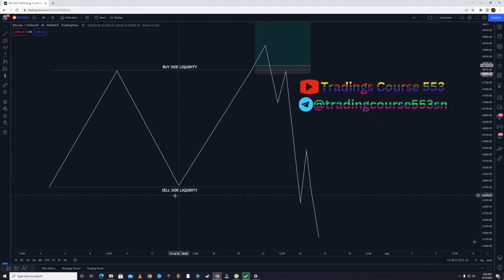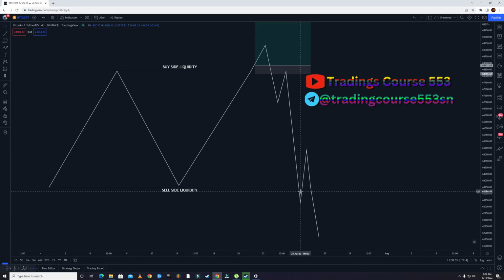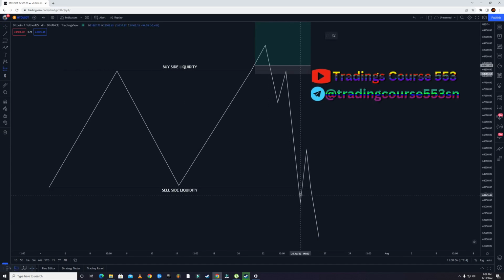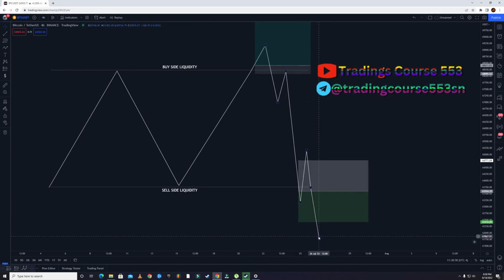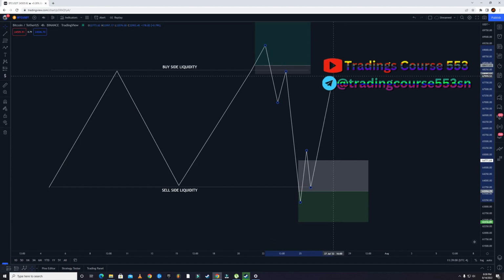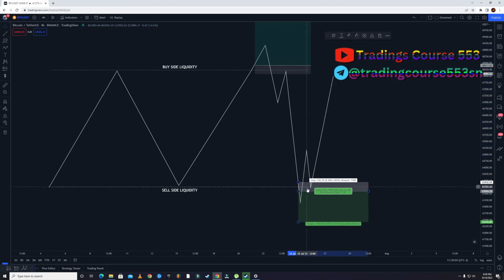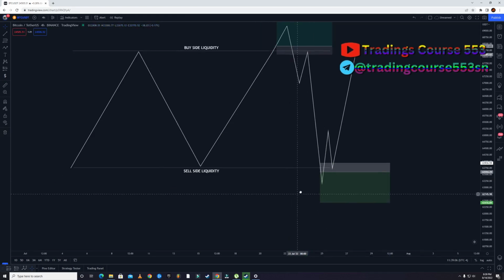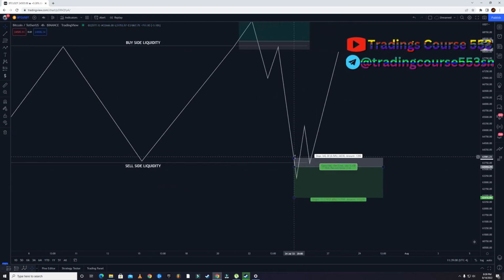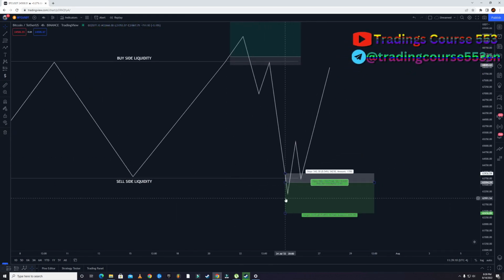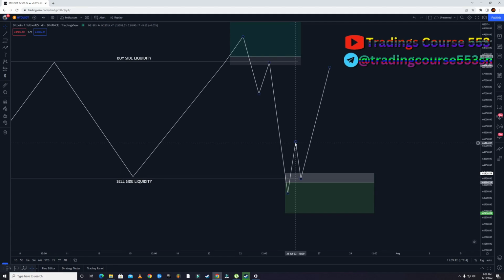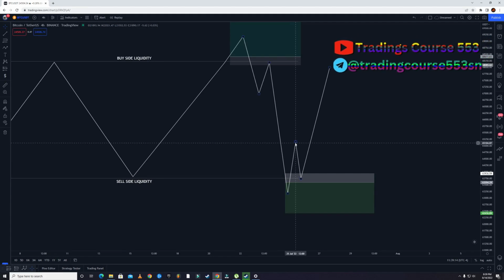Similarly, when price breaks through the support level, people are going to short, right? And when people short here, they're going to have their stop loss right here. So the breakout traders are going to short here and put their stop loss right above the support level. And what happens? Price stops you out and triggers buy orders.